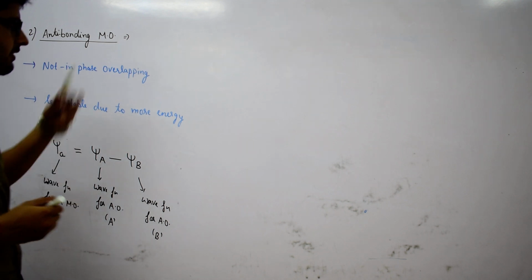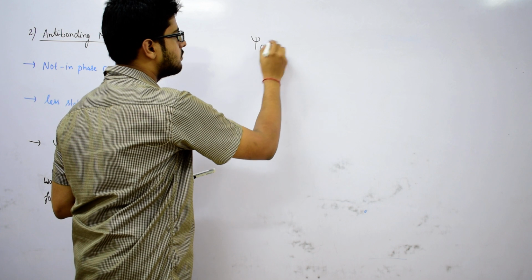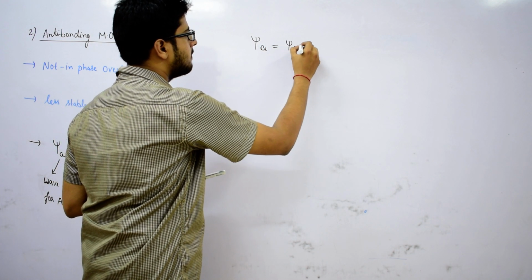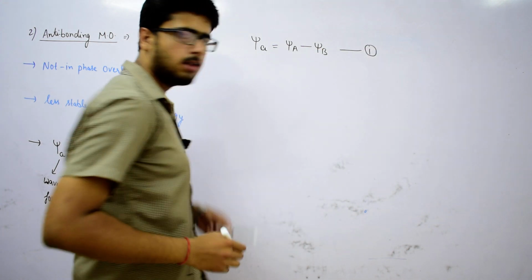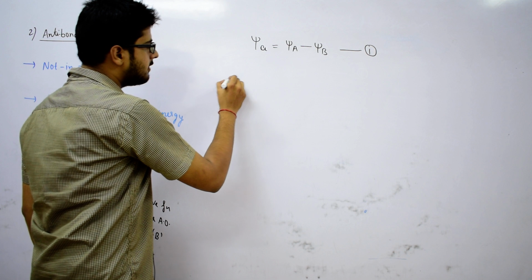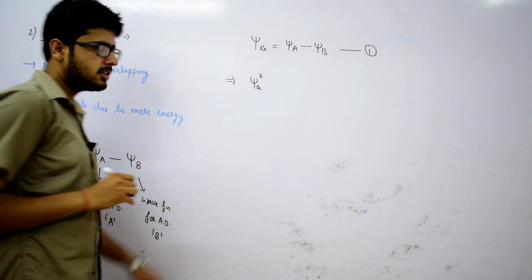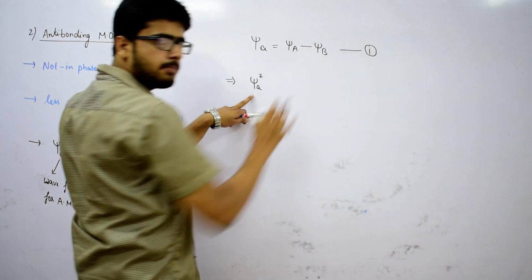And if we write the charge density, so we are writing the equation once again, psi A is equal to psi A minus psi B. This is the first equation for the antibonding molecular orbital. And when we derive the equation for charge density, it would be the whole square of this form.